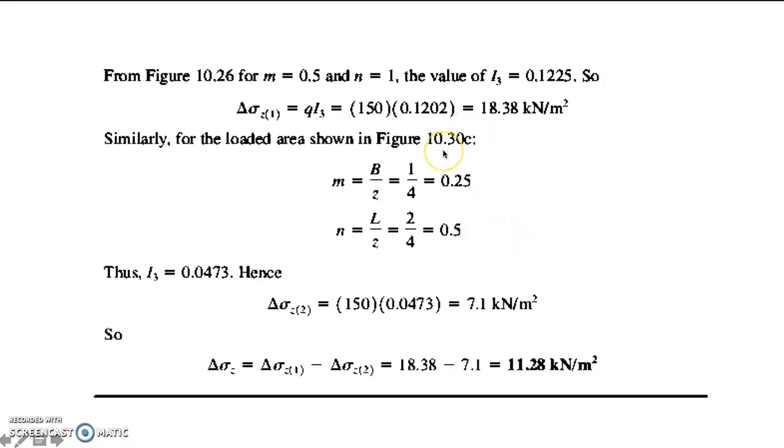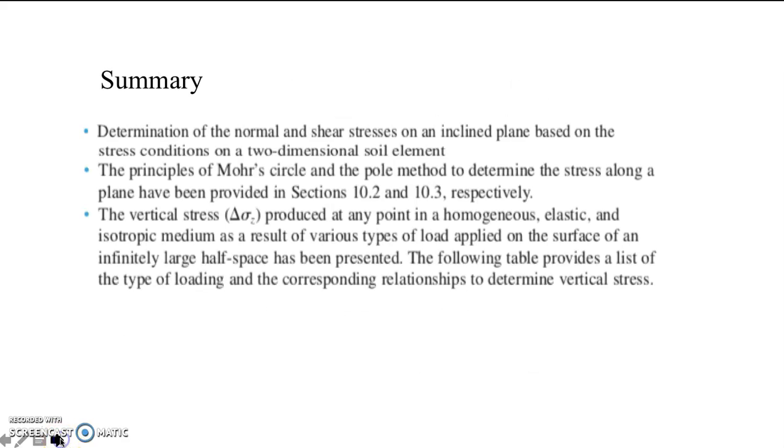And using your figure 10.6, you can get your I sub 3, which is 0.0473. And multiply this to 150, which is our Q. It gives us 7.1 kilonewton per meter squared. Then you subtract 18.38 minus 7.1. So now the vertical stress caused by this uniformly loaded area is equal to 11.28 kilonewton per meter squared.